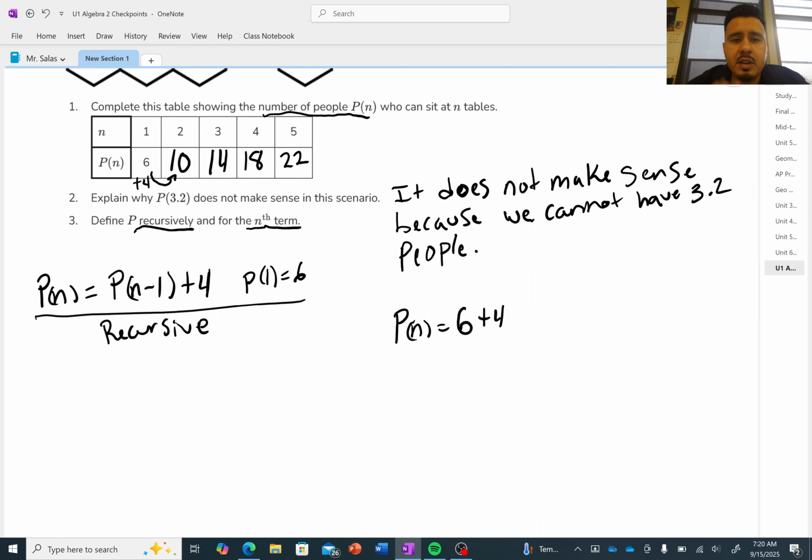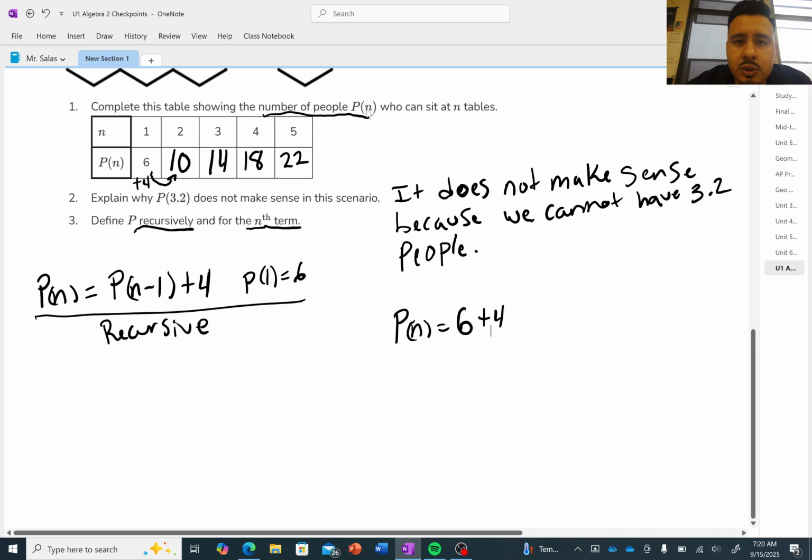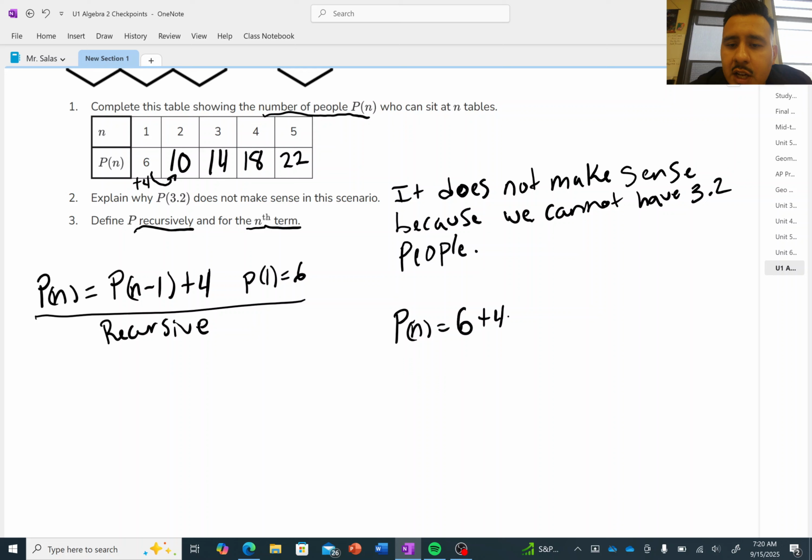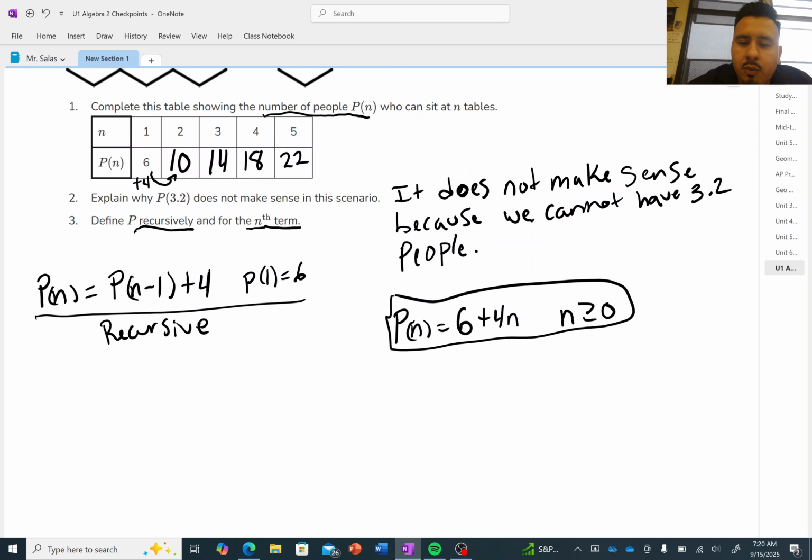And every time I want to go up in a value, what letter was I using? I was using n, so that means it's going to be 4 times n, where n, to get my first value, if I plug in n equal to 0, I'm going to get my first value of 6. So n is greater than or equal to 0. And this right here is my nth term formula.